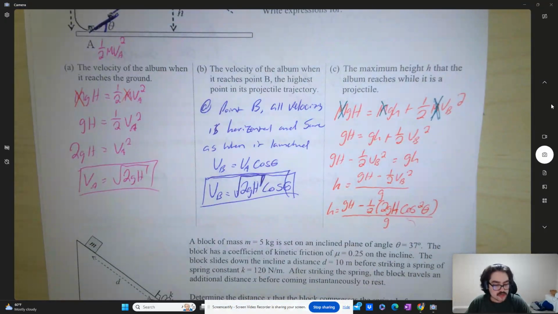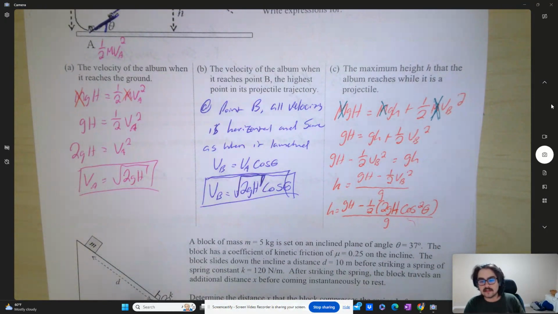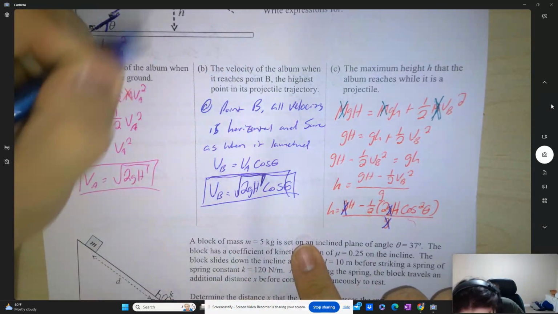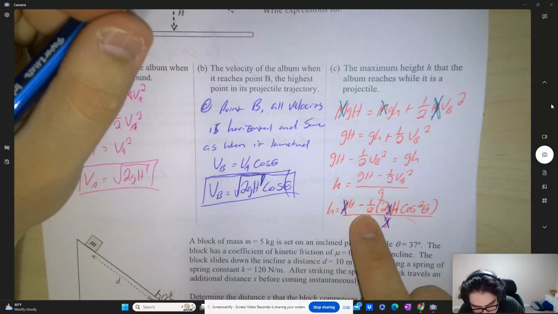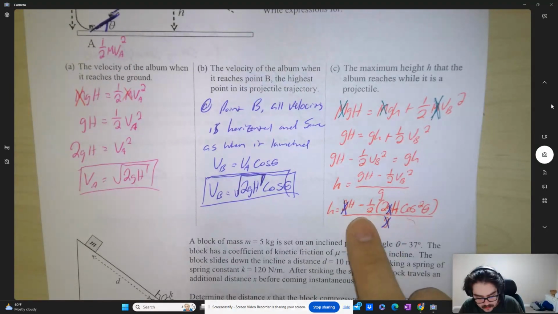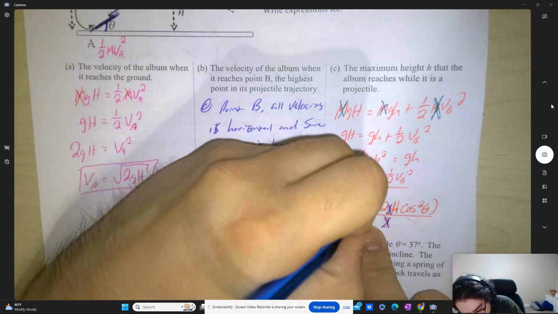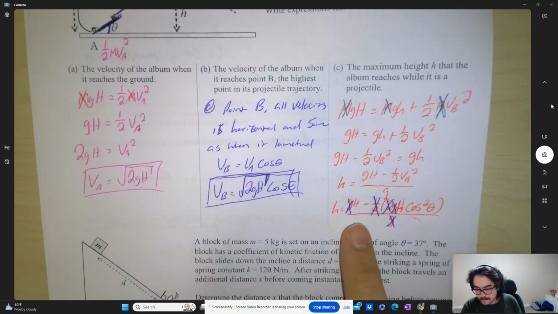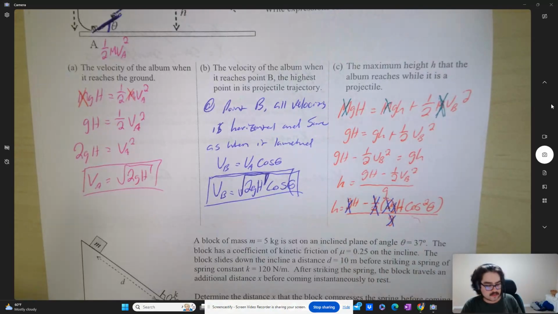You should notice that this becomes a lot easier because you can factor out and cancel your g's. You should be left with H minus 1/2, the 1/2 and the 2 can also cancel out. So you're left with H minus H cosine squared theta.